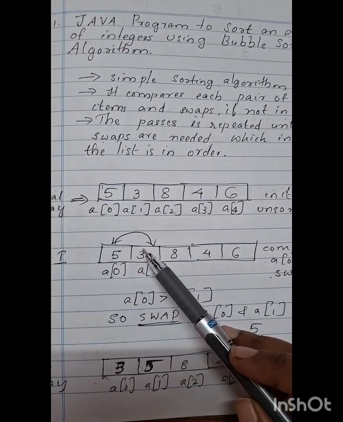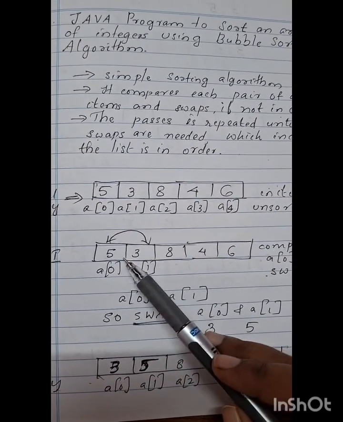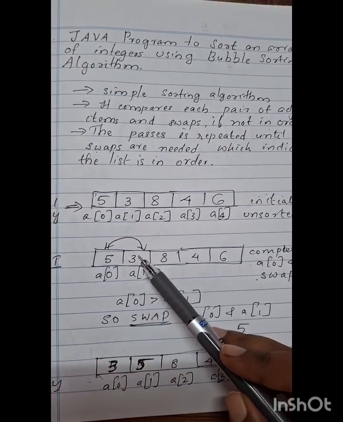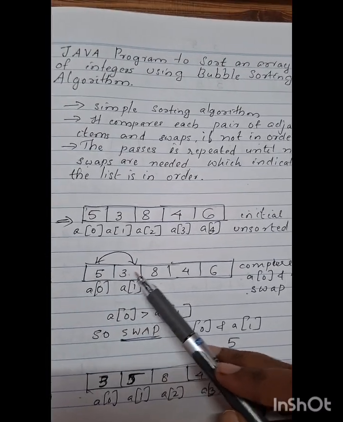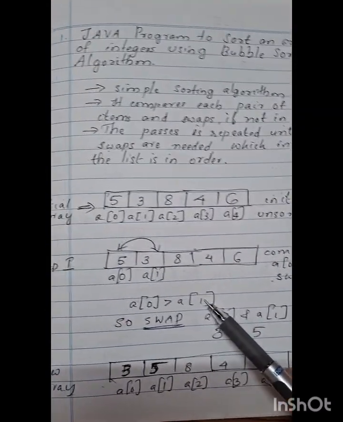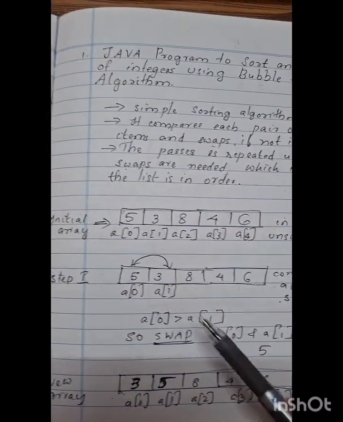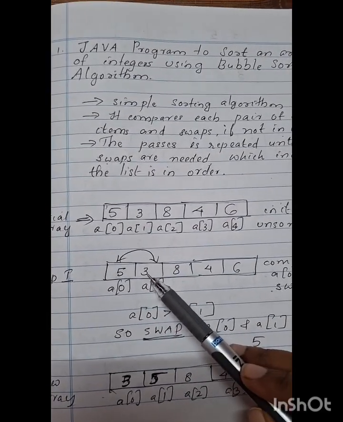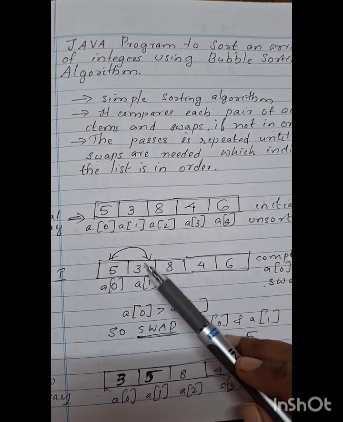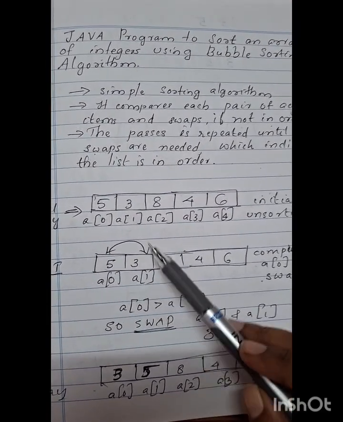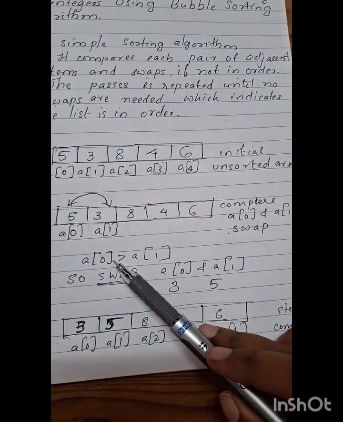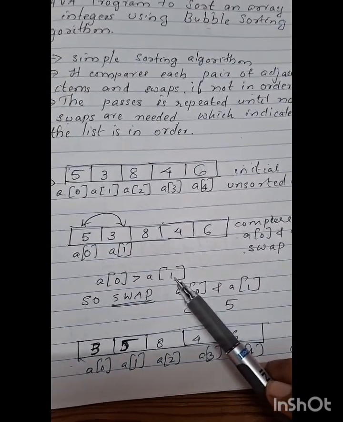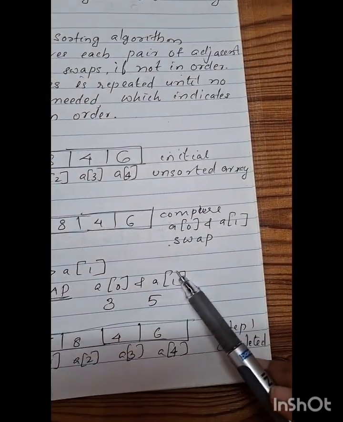If A0 is greater than A1, then we have to swap. That is, the second element is lesser than the first element, so we have to swap. A0 is swapped with A1.